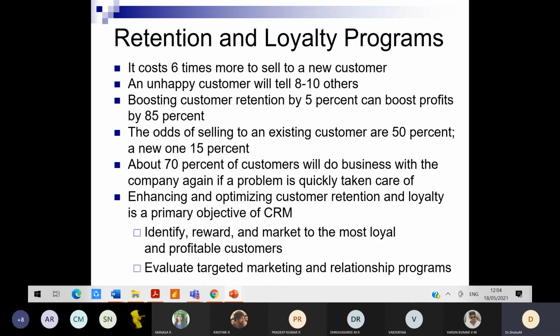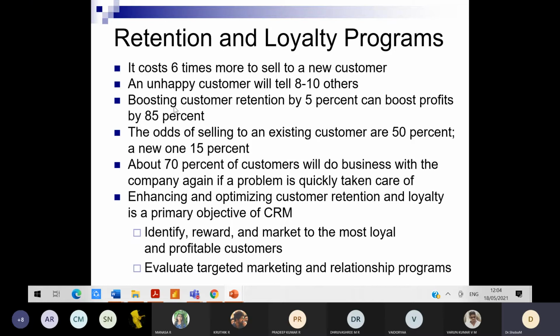So unhappiness will be broadcast more than happiness. An unhappy customer will definitely inform his immediate close contacts. That is how the demotion of one particular product or brand happens or starts.